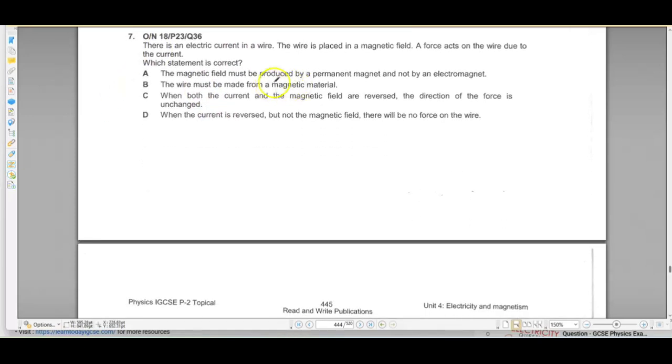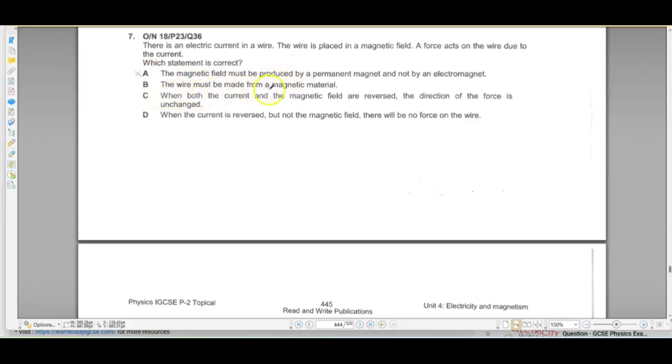Question number 7. There is an electric current in a wire. The wire is placed in a magnetic field. A force acts on the wire due to the current. Which statement is correct? The magnetic field must be produced by a permanent magnet and not by an electromagnet. No, that's not true. Force can be produced by a permanent magnet as well as an electromagnet.